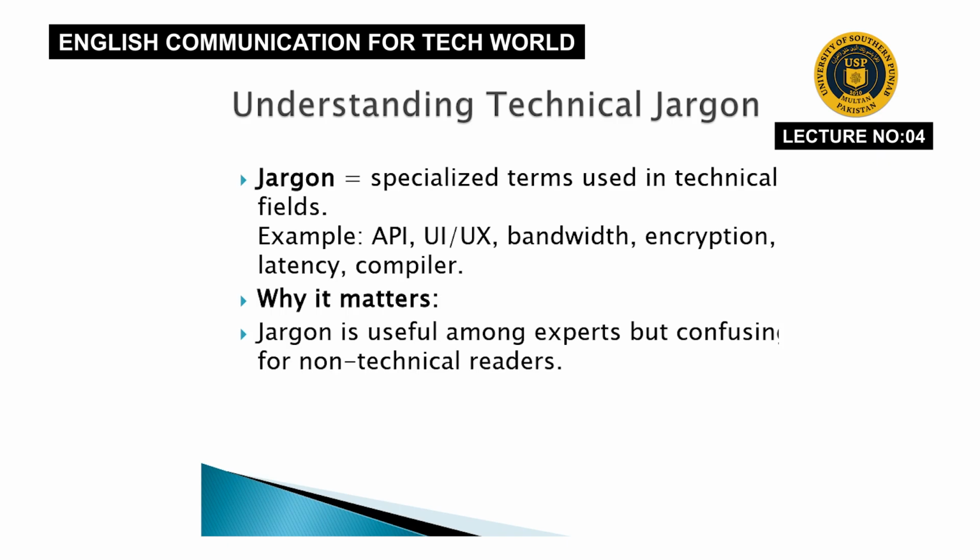For example, if a report is written only for software developers, technical terms may be perfectly acceptable. But if the same report is intended for managers or clients, the writer may need to explain those terms more clearly.